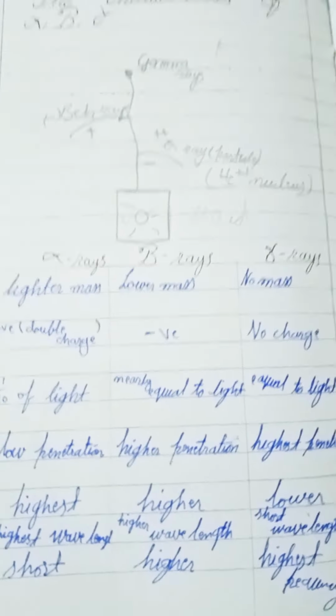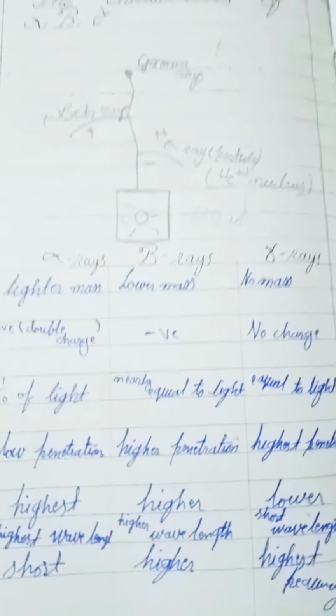Last is frequency. What's the formula of frequency? Frequency is one upon the time period. Whenever the wavelength is high, the frequency will be low, because the waves are fewer.